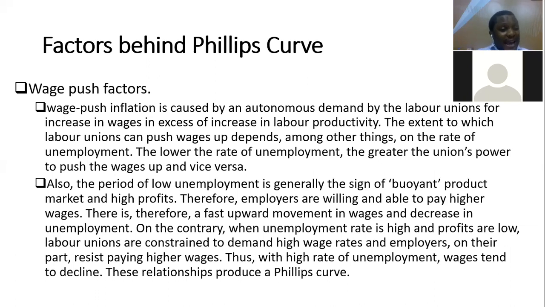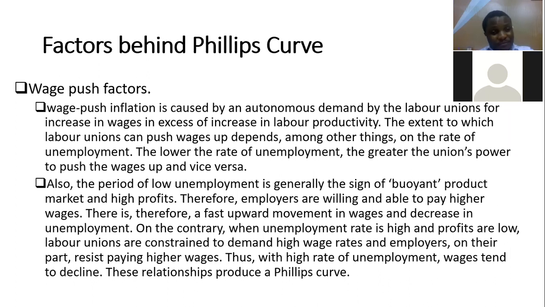Okay? Again, periods of low unemployment. Once there's low unemployment, that is a sign of a buoyant product market and high profits, of course. When there's low unemployment, activities are booming. We have buoyancy within the economy, within the product market, and you have high profits.